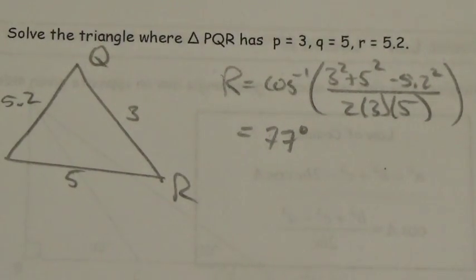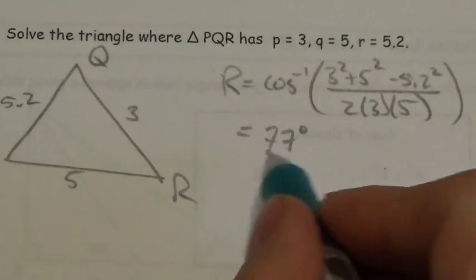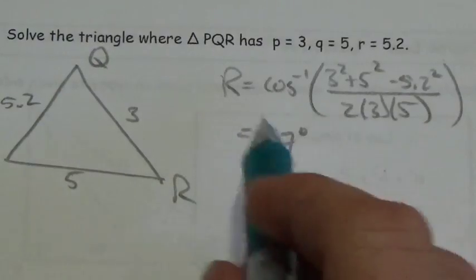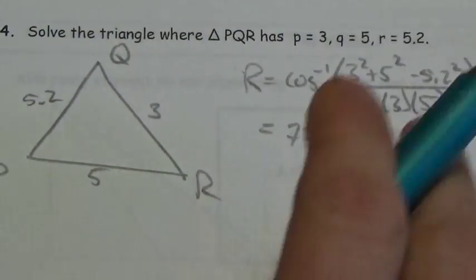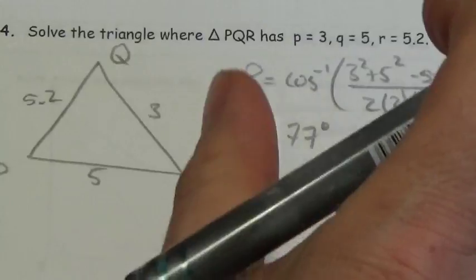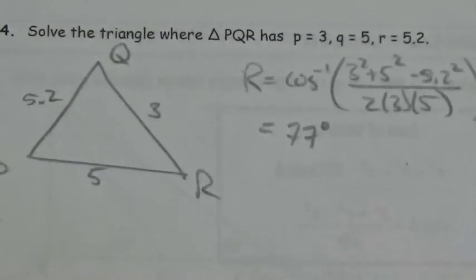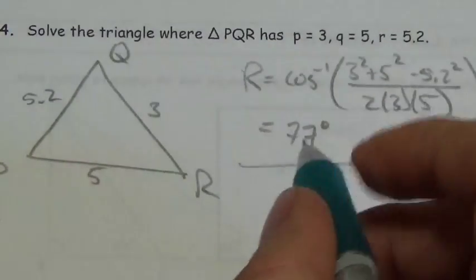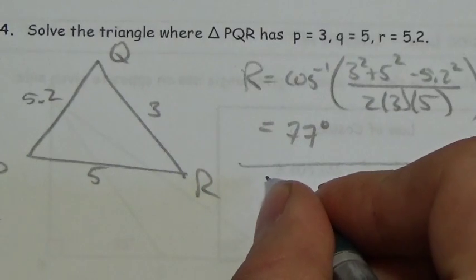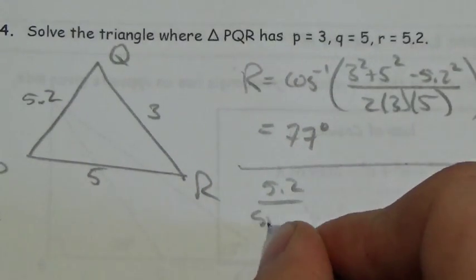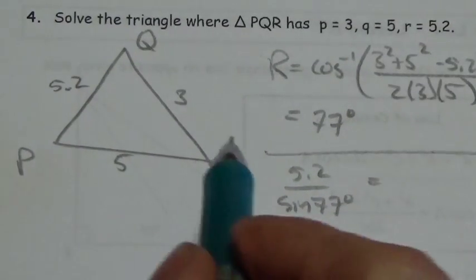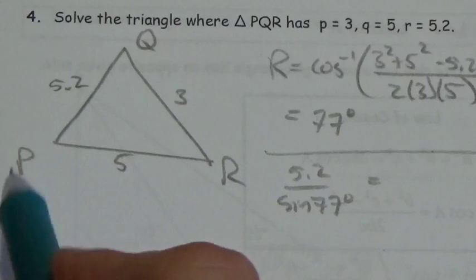Now, I'm going to use the sine law, because the sine law is a little bit easier to use here, and this is what most people are going to do. I could very easily, by the way, just repeatedly use the cosine law to find another one of the angles. That's okay. But I want to show you what I see a lot of people do, and that's use the sine law, because now we know r, 5.2, over the sine of 77 degrees, and that's going to equal, let's find the smallest angle now.